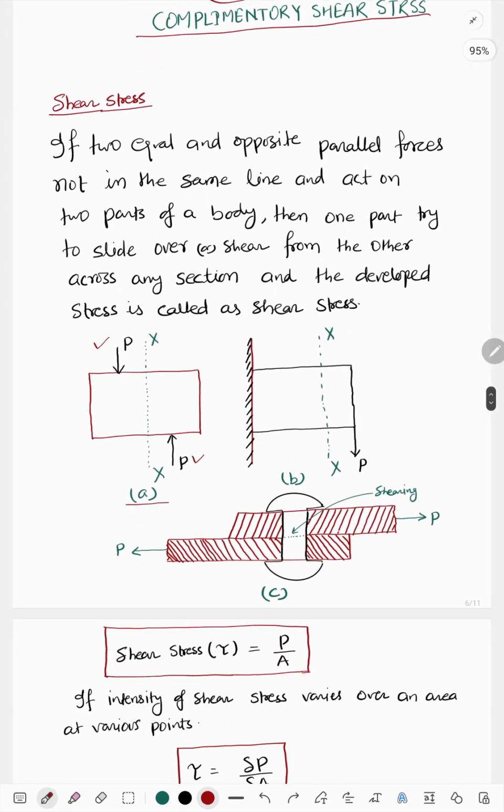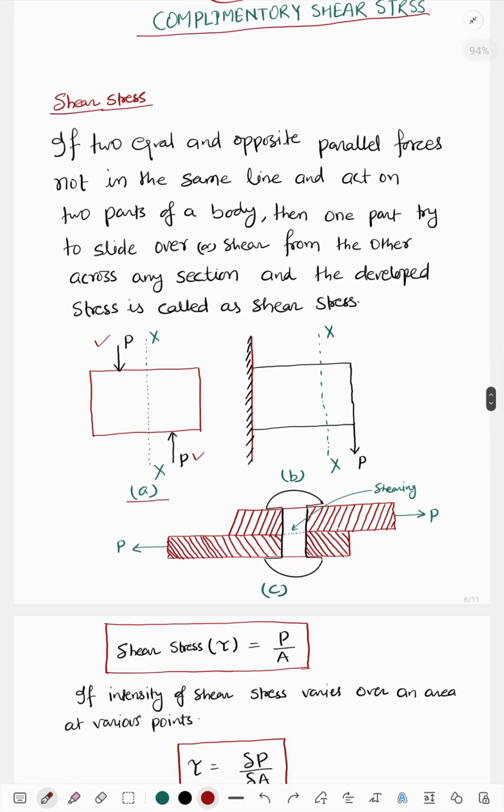Apart from this, when we take two bodies connected with a connector, and load P is applied and pulled away from both sides, what will happen if the connector is not able to sustain the loading?